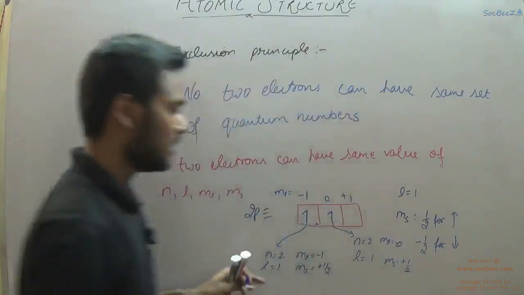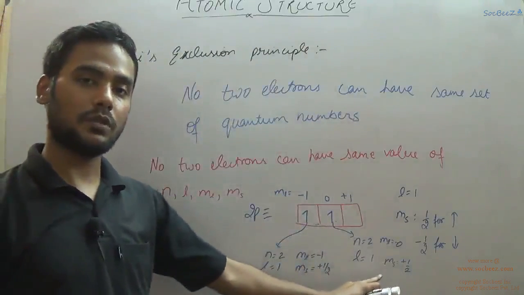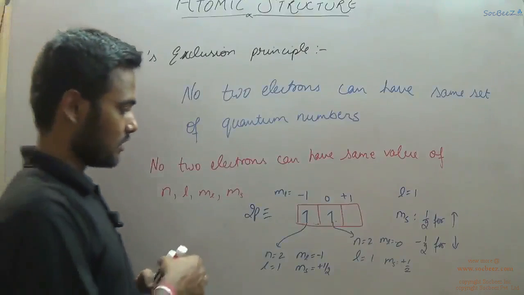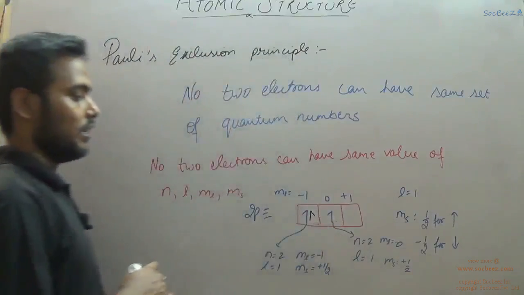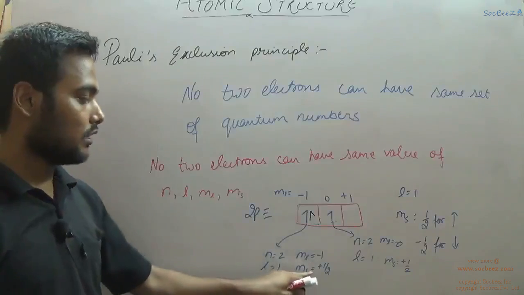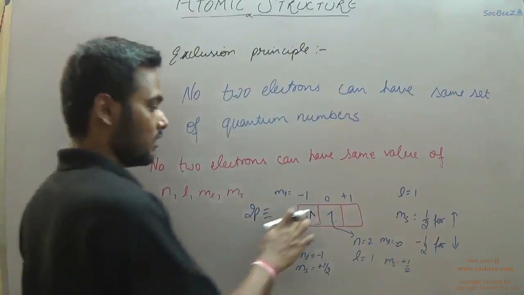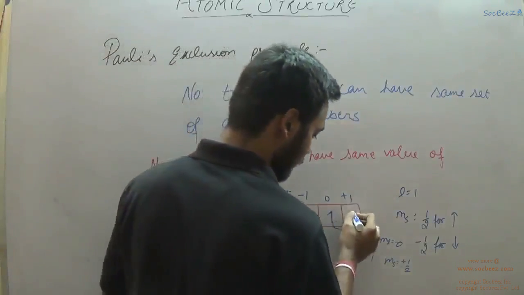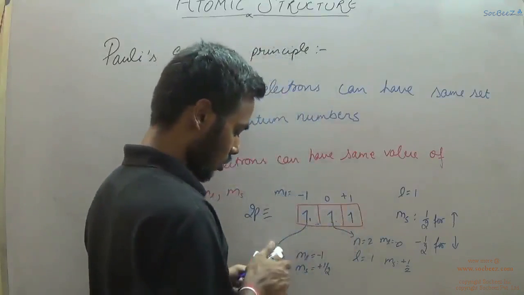We can see that these two electrons have the same set of 3 quantum numbers, but the 4th quantum number is different. Suppose an electron is here with this spin, then this will violate Pauli's exclusion principle, because all 4 quantum numbers will be the same. That is why when all 3 electrons are filled, the 4th electron is always filled with opposite spin.